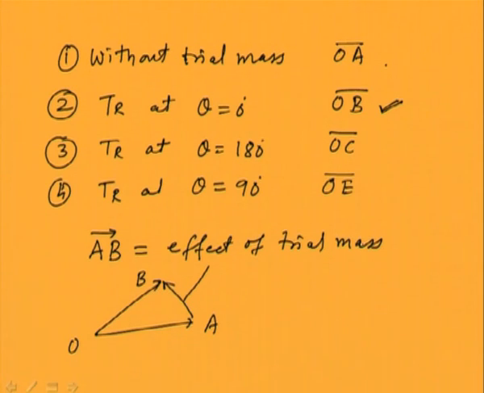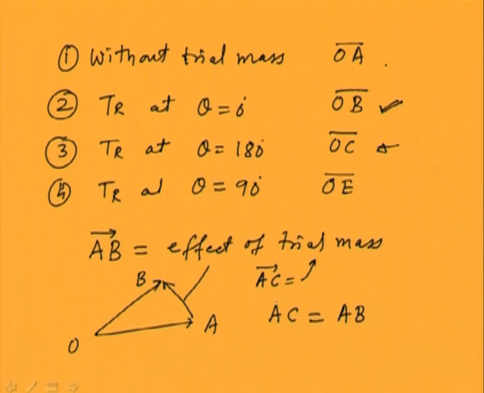Now the same trial mass we are keeping at 180 degrees, and we are getting the response OC. So AC is again the effect of the trial mass, and because we are keeping the unbalance at 180 degrees as compared to the previous one, we should get AC equal to AB.